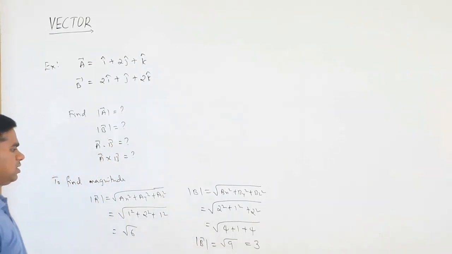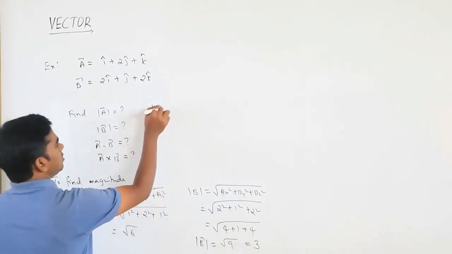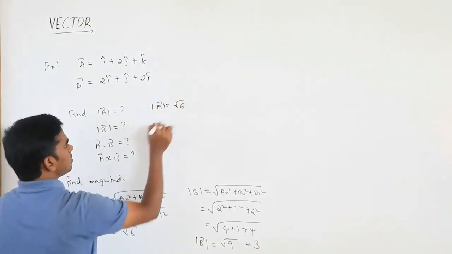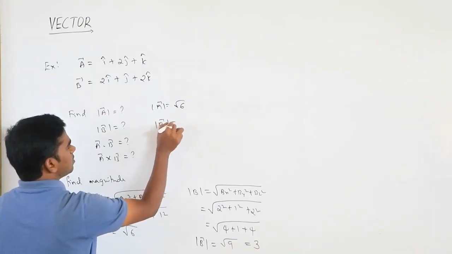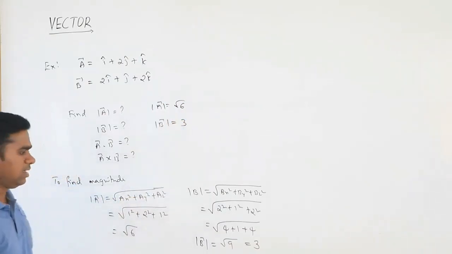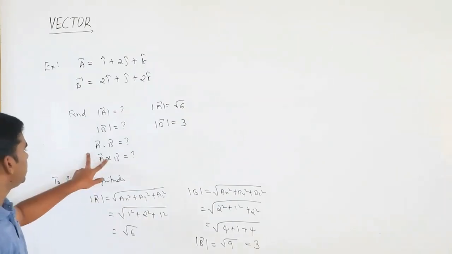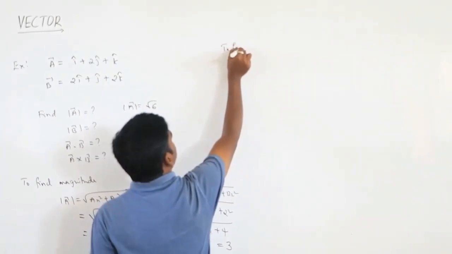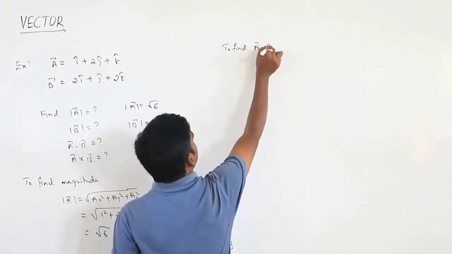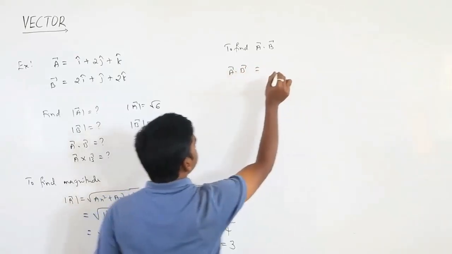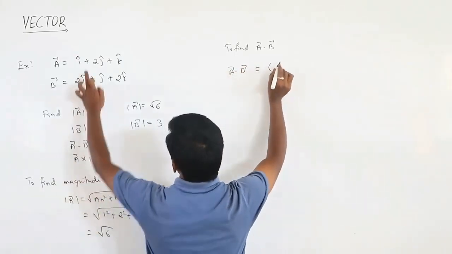So we got two answers: the magnitude of A is root of 6, and the magnitude of B is 3. Now what we have to find next is A dot B. So A dot B equals, what is A?